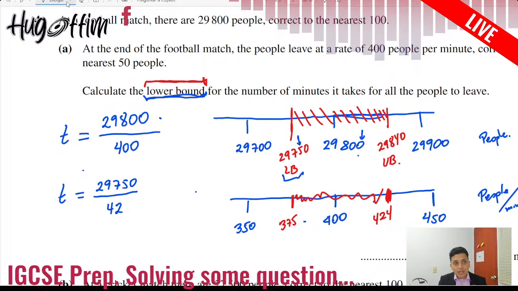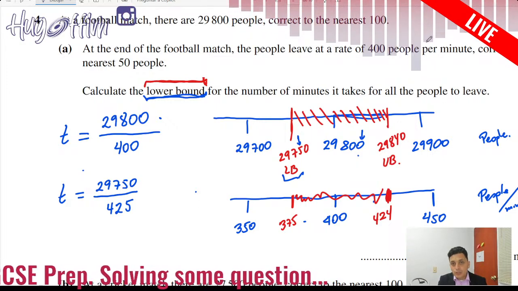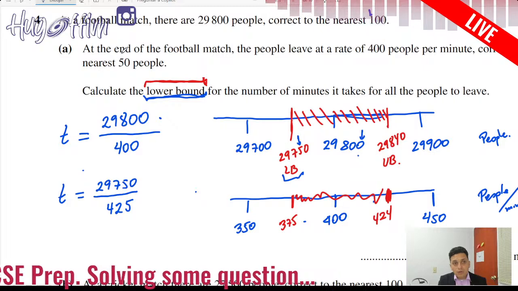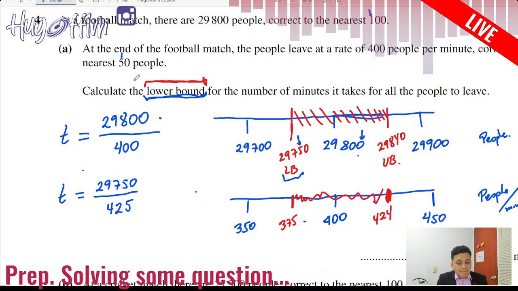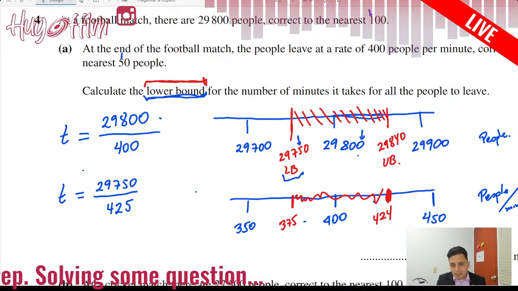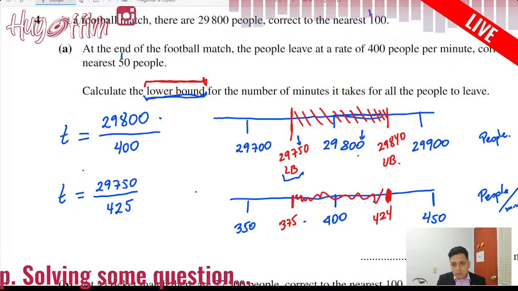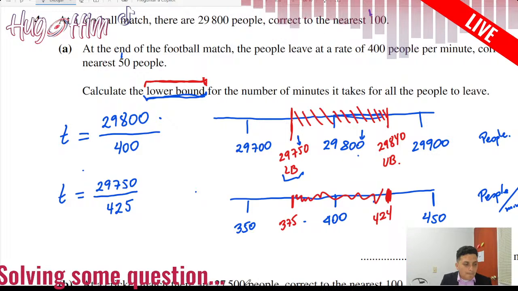As we're using 100 people or 50 people, you need to round it to the nearest tenth at least. So this is going to give me 70 for the division. So the lower bound is going to be 70 minutes.